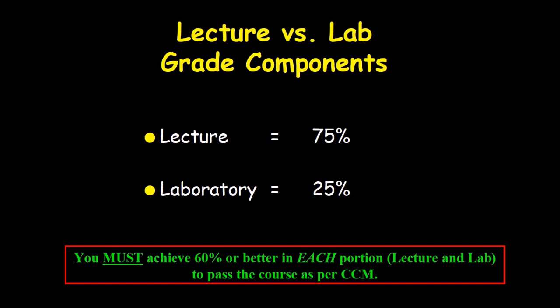If your lab grade is 58 and your lecture grade is 86, and that puts you at 72%, you still fail the course because your lab portion is under 60% at 58. So that's what I'm saying. You have to have both portions above 60% in order to be eligible to pass the course. Okay.